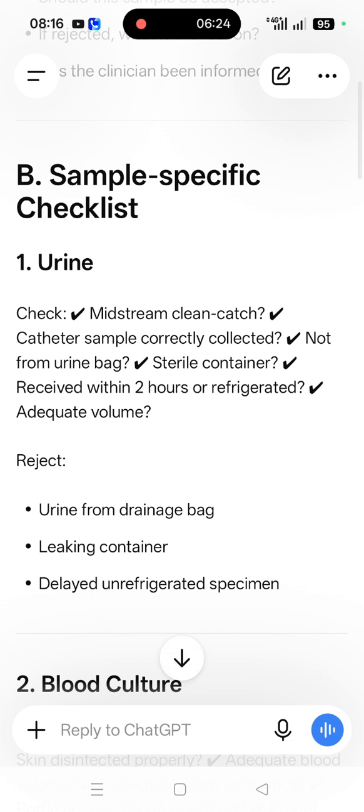So, sample specific checklist. For example, if it is urine, what all important things should you check? Whether it was a midstream clean catch, whether the catheter sample was correctly collected or not. It should not be from the urine bag. A sterile container should be there. Received within 2 hours or refrigerated, and adequate volume is there or not.